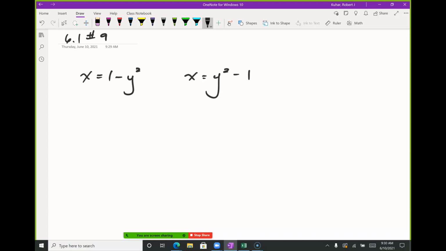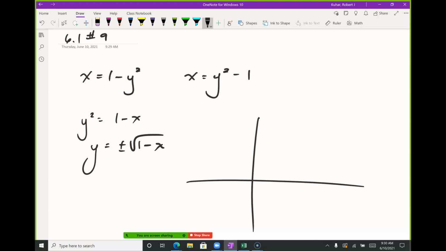I'm going to do it on Desmos, but I would like to show you at least a thought process for your TI-83. I could solve each of these for y, because that's what we're used to doing, right? So y squared equals 1 minus x. So y equals plus or minus square root of 1 minus x. And I get the positive root from here, and I get the negative root from here, right?